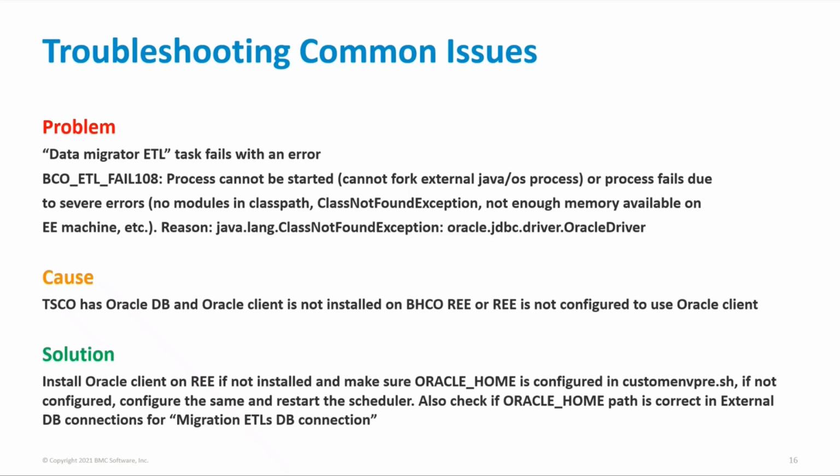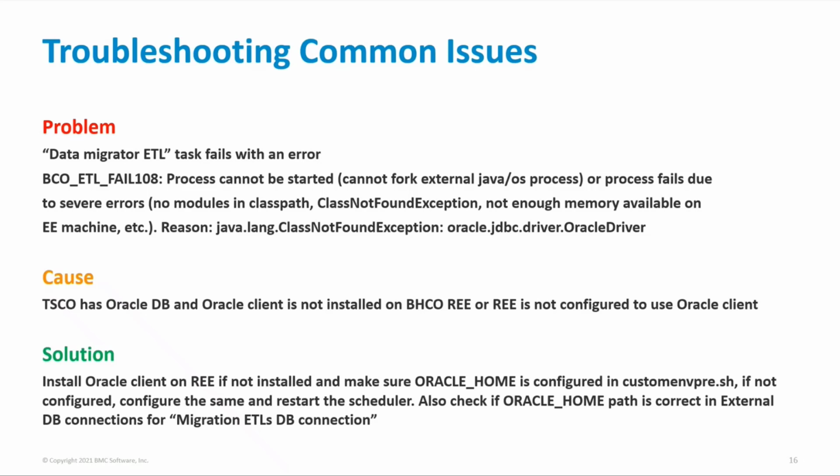The remote ETL engine for BHCO runs in the customer environment, so it will connect to the TSCO Oracle database, which will also be on-prem. In that case, if your remote ETL engine does not have the Oracle client, or is not configured to use it, you may face an error saying that the process cannot be started, with a class not found exception, which means it is not able to locate the Oracle driver.